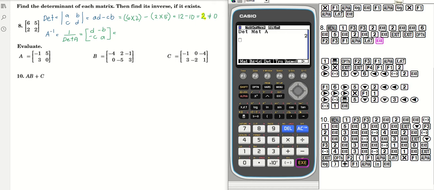Next, let's find the inverse of this matrix.